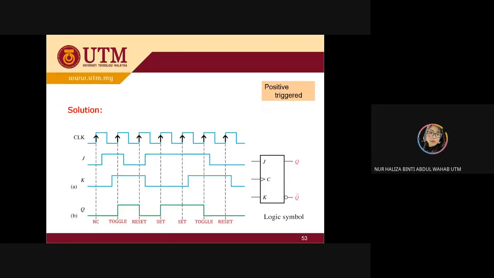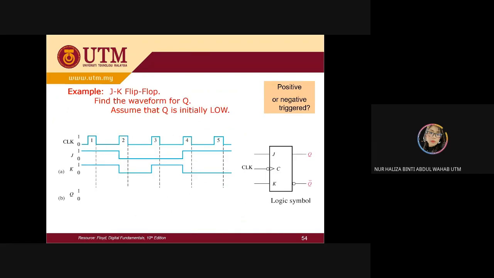Okay, now we can see here. Yes, it is similar. You have no change at this part. There is a toggle, reset, set, toggle, reset. Okay, we have now something slightly different only at the clock. The clock is now negative.